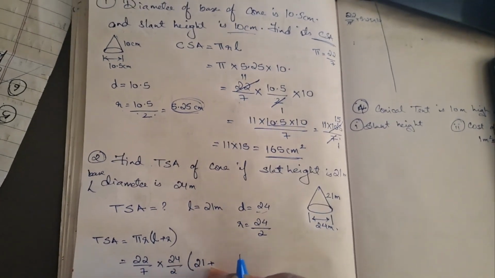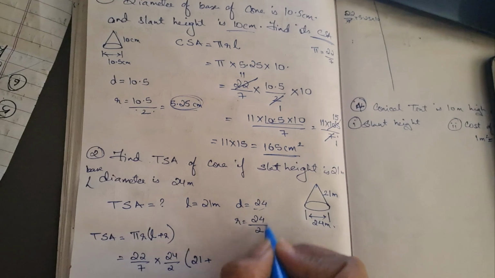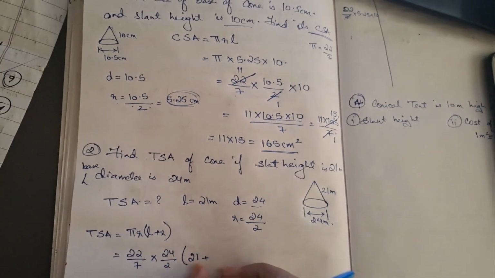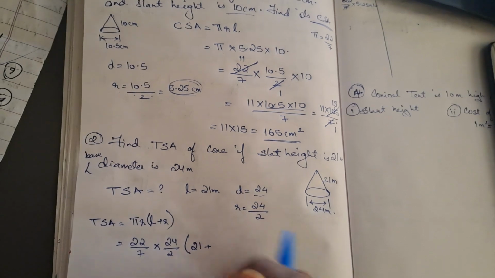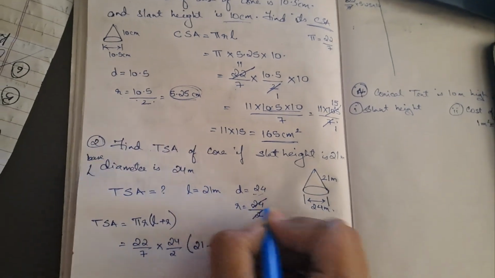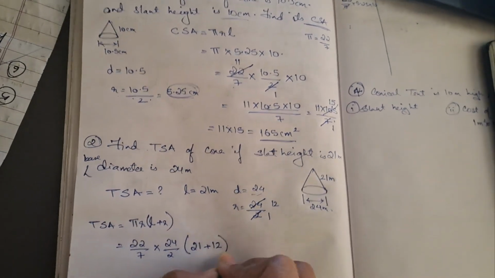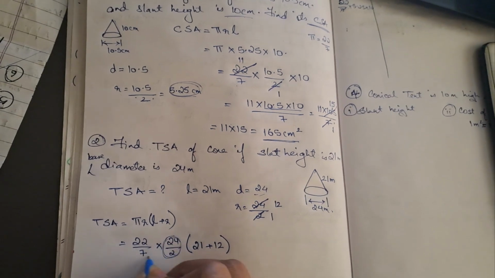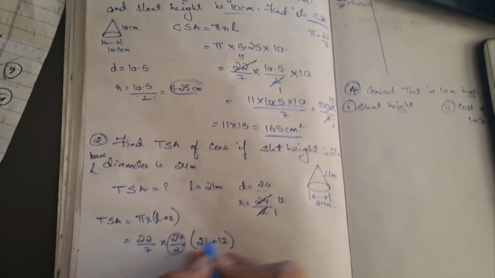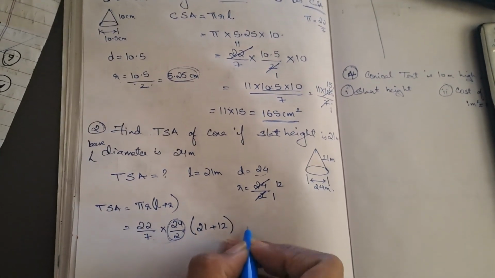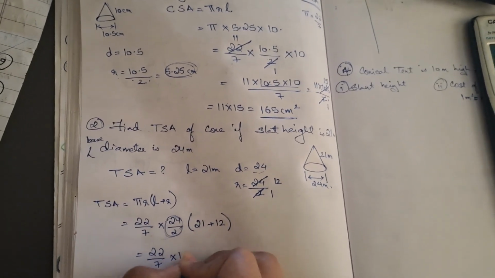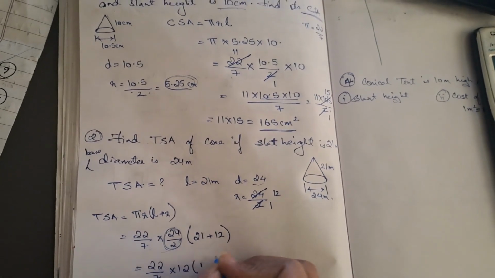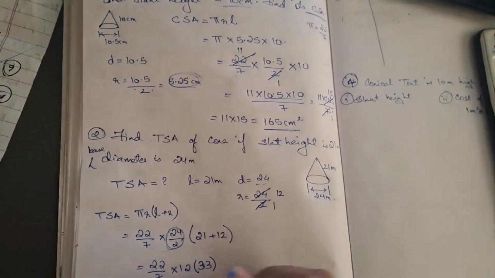Here I cannot take the R value as 24 by 2, because inside it will be difficult for me to solve a number and a fraction again. So 2 ones are 2, 2 12s are 24. So I'm taking 12 in here. This is also 12, but to cancel this part and simplify it, I am taking it like this. So 22 by 7, or else you can take it as 12 here also. 12 plus 21 becomes 33.